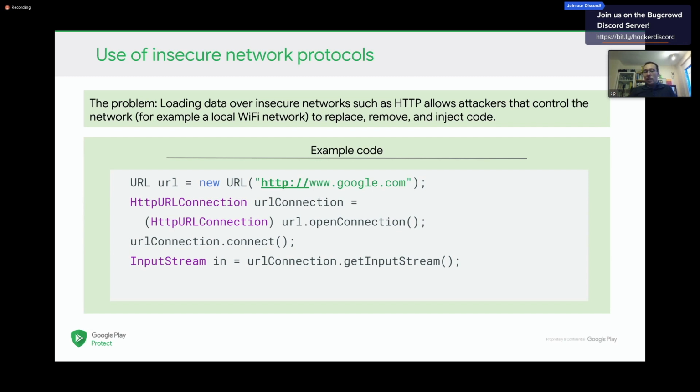Anything that is maybe insecure, then an attacker on the same network, or on a network they control, can replace, remove, and inject code. And if you've ever gone to DEF CON or something like that, you know that occasionally there are people who intercept traffic there, and then they inject certain images that you don't want to see in your browser or wherever you read the data from.